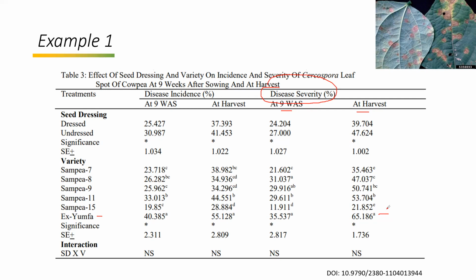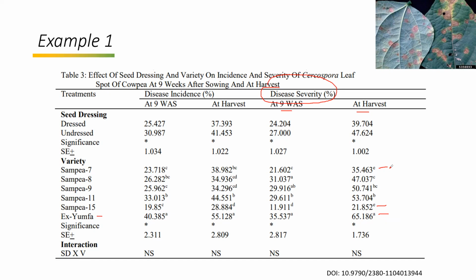It means that X Yumfa is not recommended for planting because the severity is high, and highest of the others. Better we use 15 or 7, because these two varieties have the lowest disease severity.